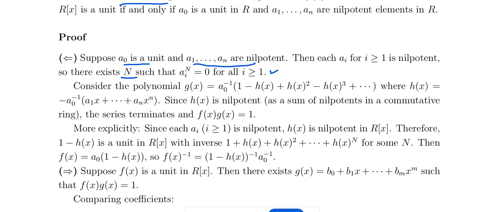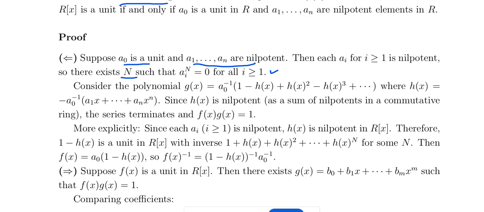So why is h of x nilpotent? A sum of nilpotents in a commutative ring is nilpotent. a1, a2, up to an are nilpotent, each and every one is nilpotent, so h of x is nilpotent.